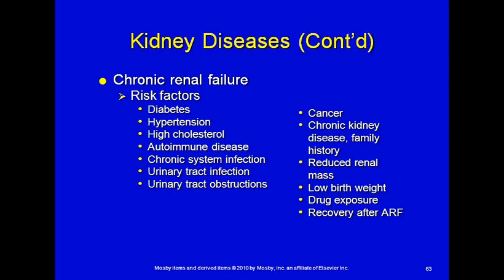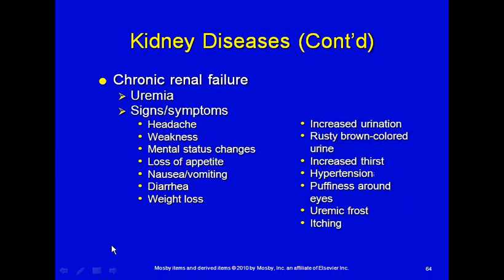Also cancers, chronic kidney disease, and a family history of chronic renal failure, reduced renal mass, low birth weights, drug overdoses, particularly Tylenol. And then recovery after acute renal failure: the damage may be severe enough that it leads to chronic renal failure.